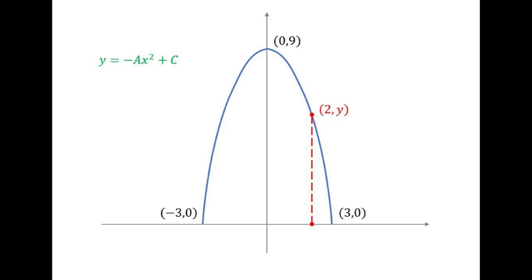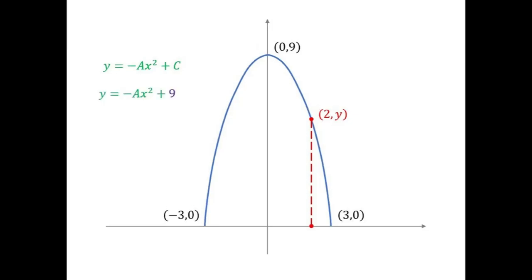So in fact, let's just immediately say that the C value would be 9. Now, how are we going to figure out what that A value, which affects the width of it, would be? The negative symbol, again, is the flipped over part, so I'm not going to deal with that. That's already there. But what about figuring out what that A value would be?